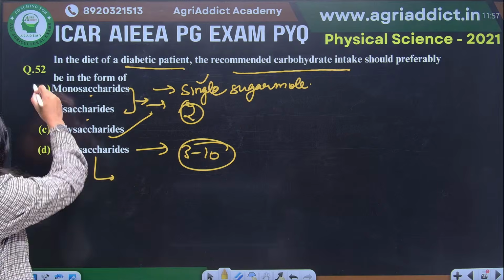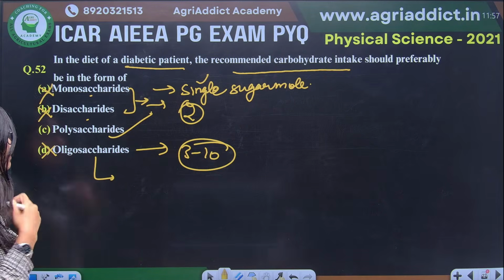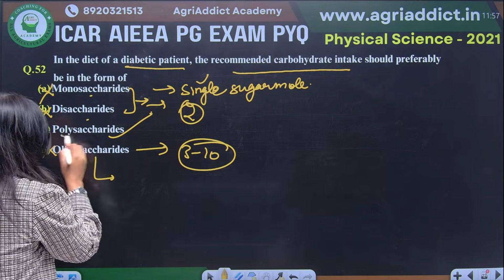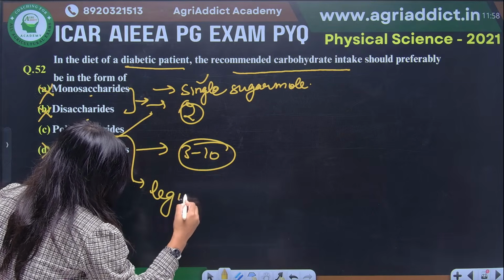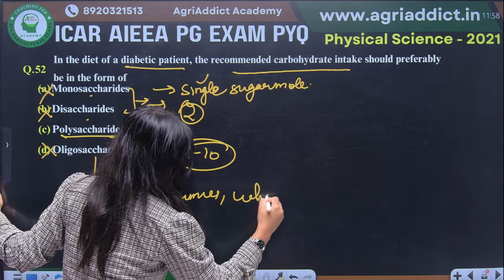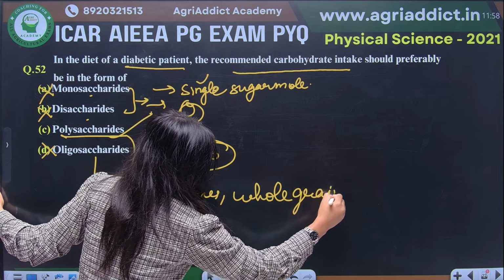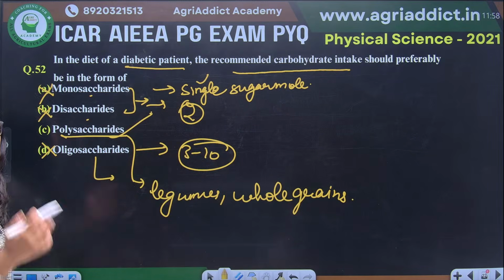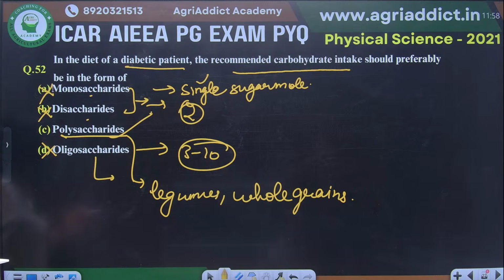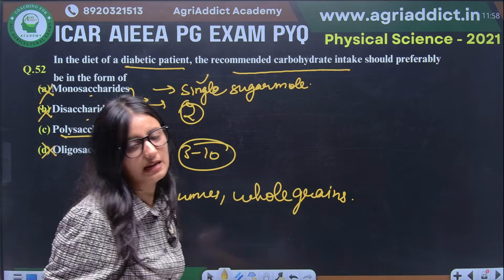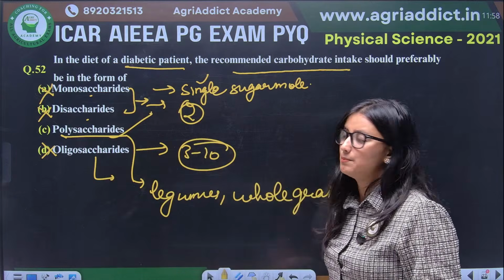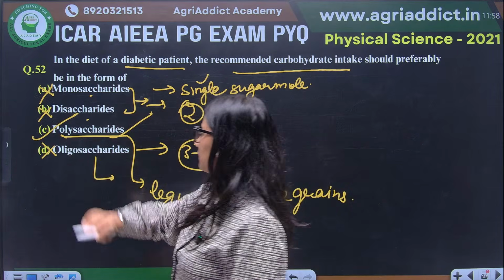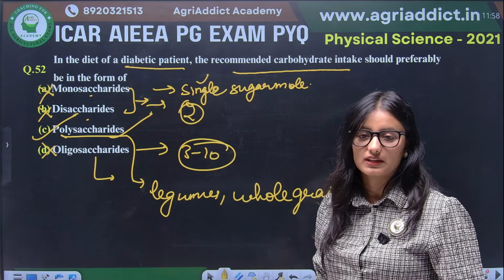This is the main reason we avoid monosaccharide, disaccharide and oligosaccharide. But in case of polysaccharide, like in legumes and whole grains, breakdown is very slow. So breakdown कम होगा तो sugar body में बहुत slowly जाएगा. So there will be no sugar spike in the body of a diabetic patient. That's why it is recommended to give polysaccharides to a diabetic patient. Is it clear?